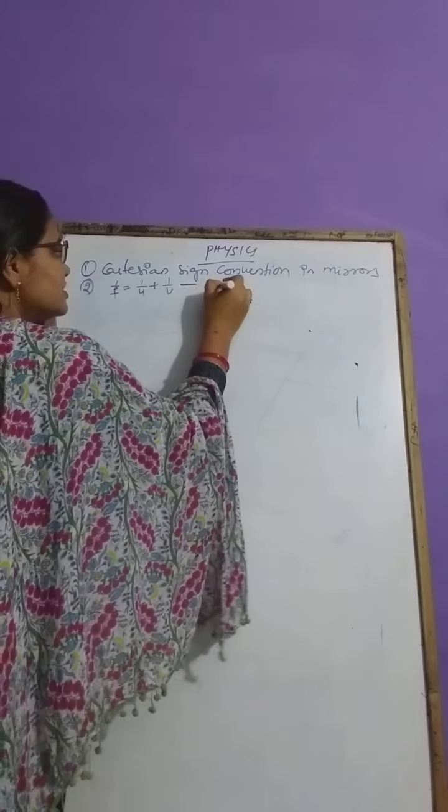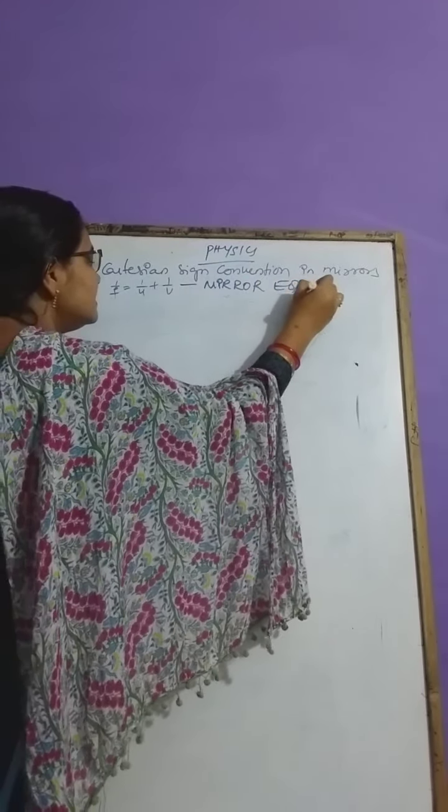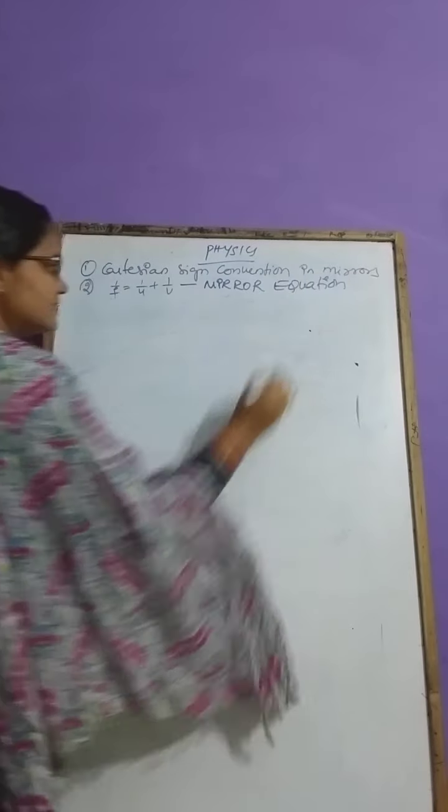Now, the next point which we are going to study today is the mirror equation, which is mostly applied in solving the mathematics of physics. Students, for the power of lenses, in short-sightedness we use a concave lens, so we say negative sign, and for long-sightedness they use a convex lens, that is a positive sign.